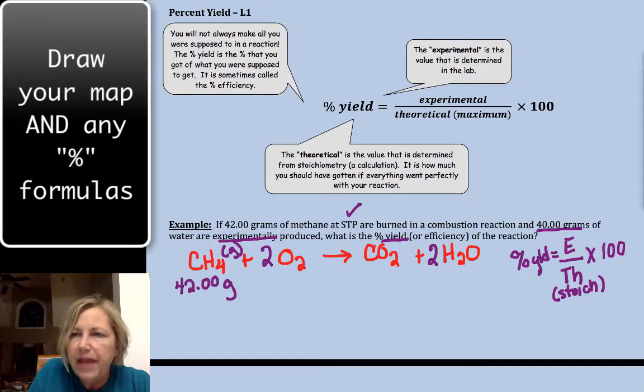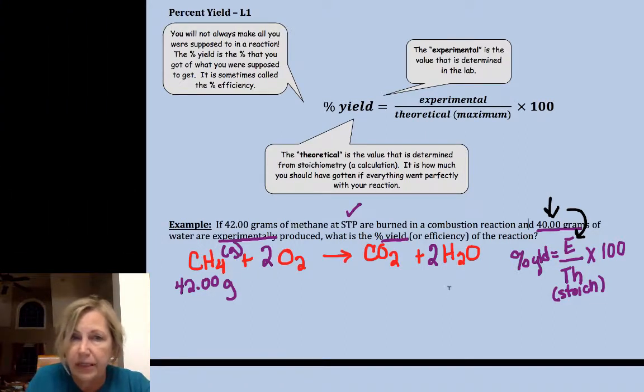So I like to pop that down right away so that I'm not tempted to use this 40 grams. This 40 grams, they're telling me, is my experimental yield. It does not go in my stoichiometry map anywhere.